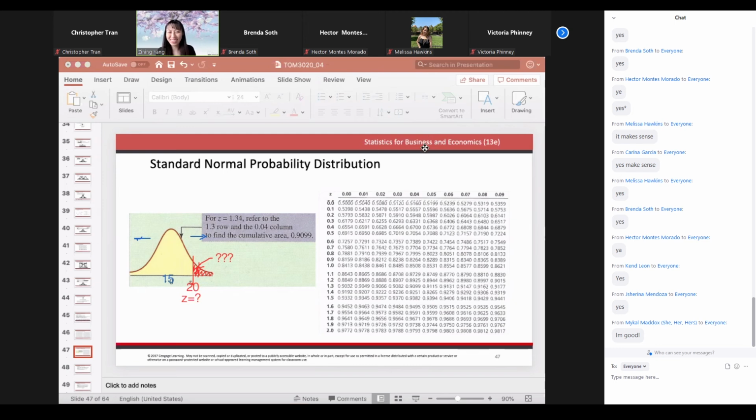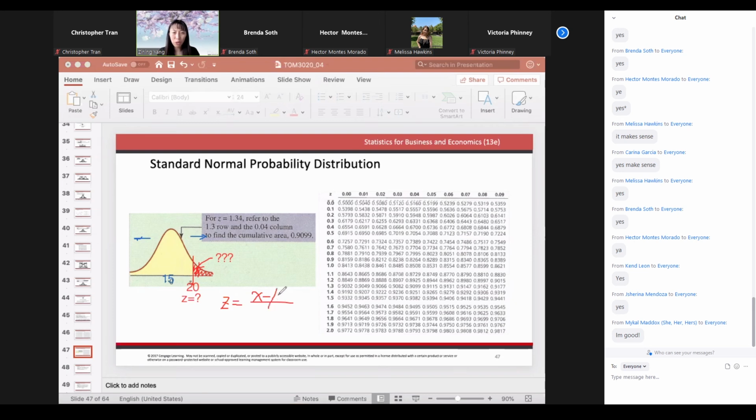So who can answer that? We saw the formula, right? Z equals, who remembers what Z is? What's the formula again? Z equals, remember it measures how far above or below, right?